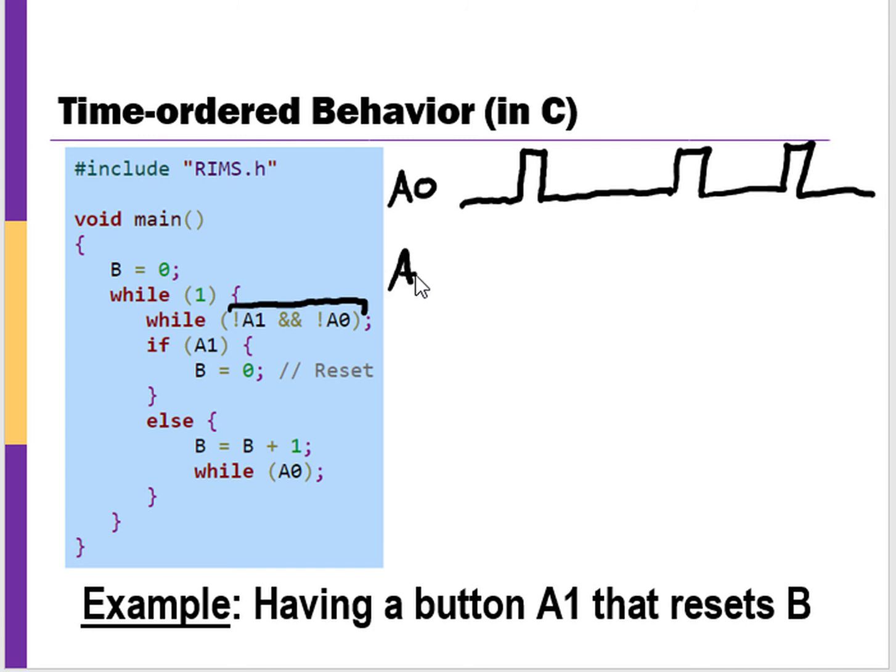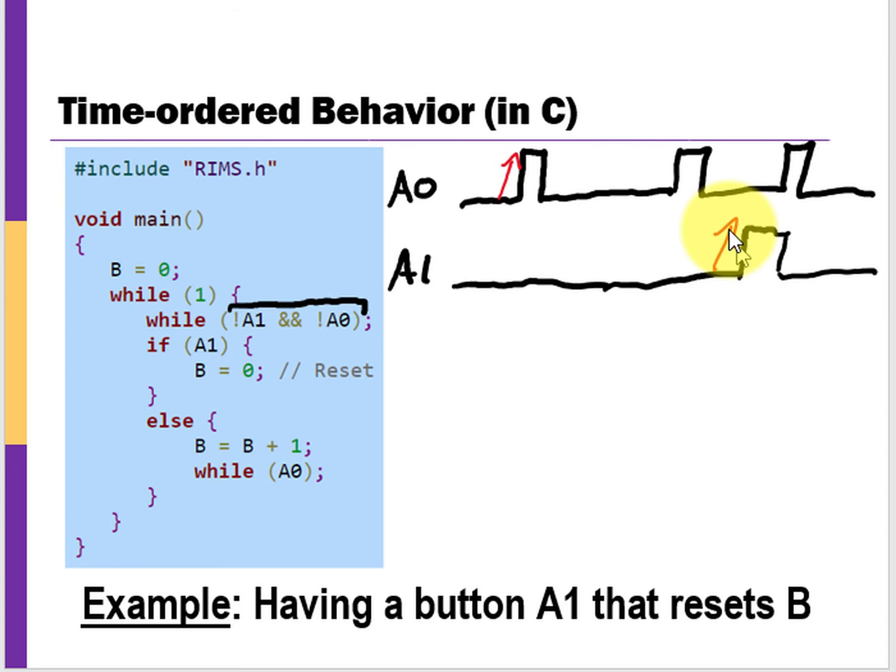Then we have A1, which would be like, maybe it ticked and incremented B a couple times, and then somebody pressed the button. So this is resetting it after 2 rotations. What we want is to trigger something at either this rising edge or this rising edge.